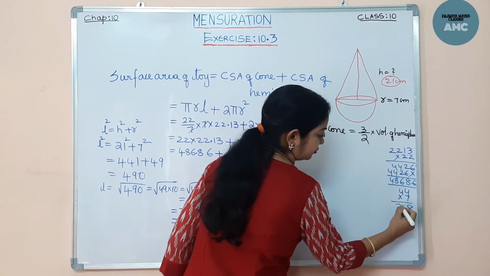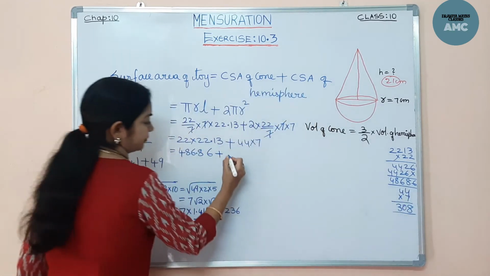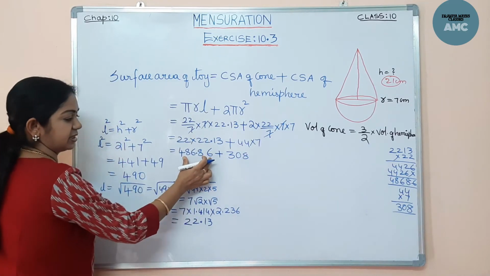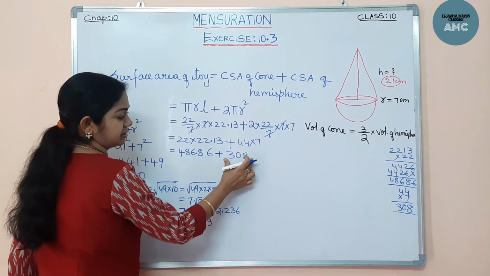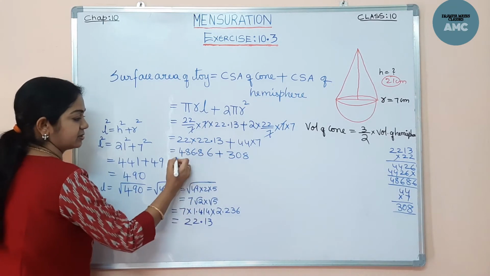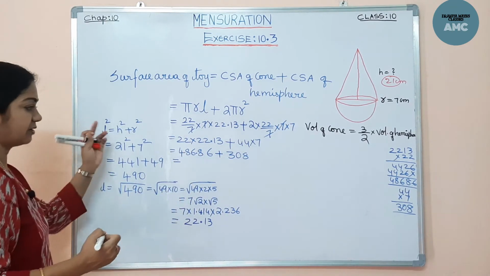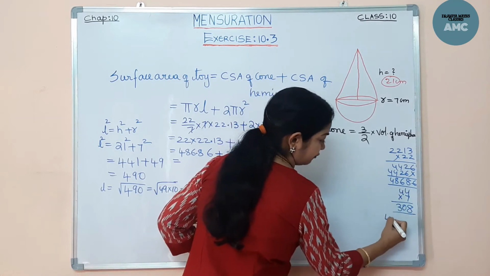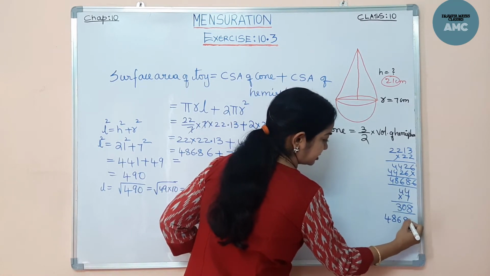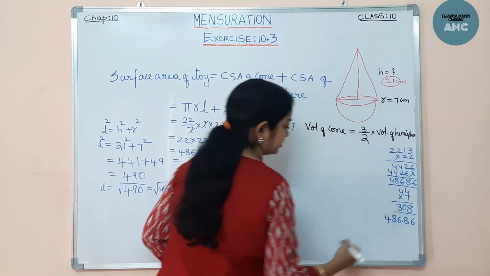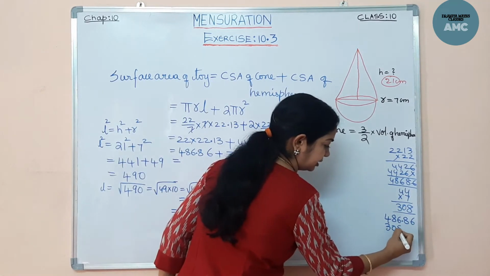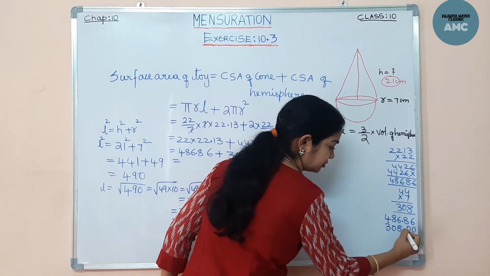So 28, 308 here. So 308. So we got the cone CSA is this much and the hemisphere is this much. So we will add this so that we get the surface area of the toy. So let me add this, 48686. It's a point here. So decimal point, remember. So 308 we have to keep here because 308.00.